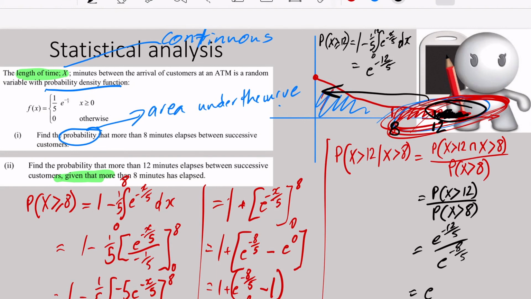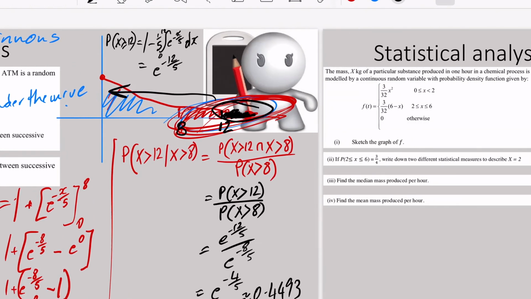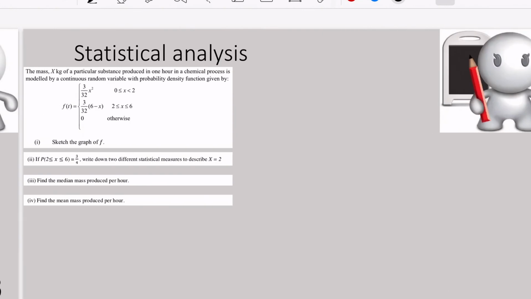Well, that's going to give you negative 4. Okay, great answer, or 0.4493. Okay, so a really nice question which brings in some year 11 content as well as the current year 12 content. Okay. Last slide, everyone.